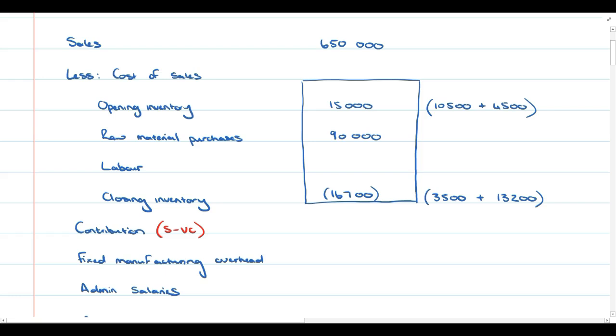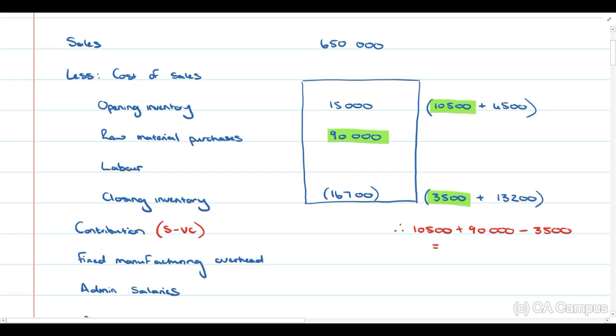I just want to discuss this in a bit more detail so that you can see what I'm doing. For my raw material, we have opening inventory of 10,500, purchases of 90,000, and closing inventory of 3,500. So if you look at this calculation, opening inventory plus my purchases of 90,000 minus my closing inventory of 3,500 is going to give me what?